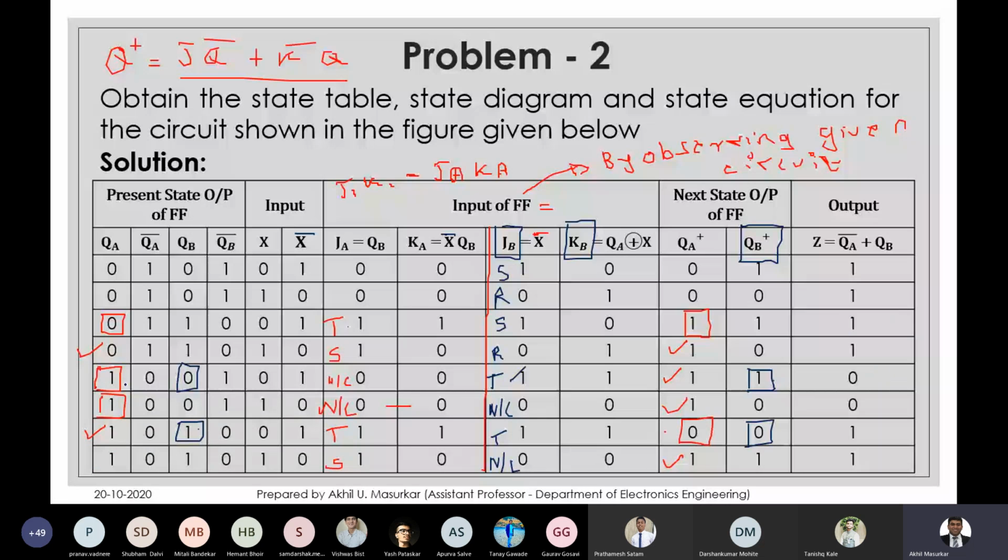And those who feel that no, I want to go with XOR only, then you should look at these two positions. This is 1 1 and 0 0, so this should be 0 0. That is the change that you should look at.